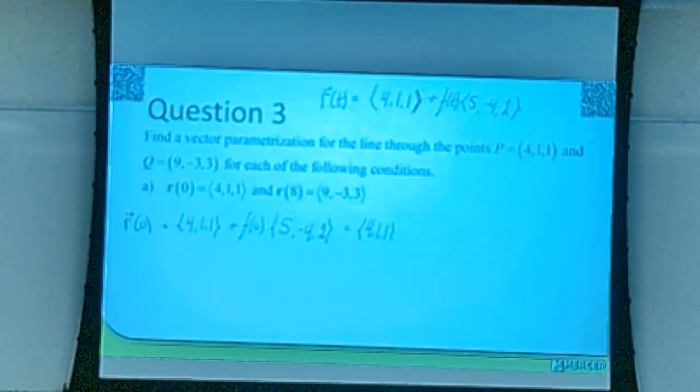we have that, and that's equal to <4, 1, 1>. But if you just look at it, you should be able to see that f of 0 has to be 0.